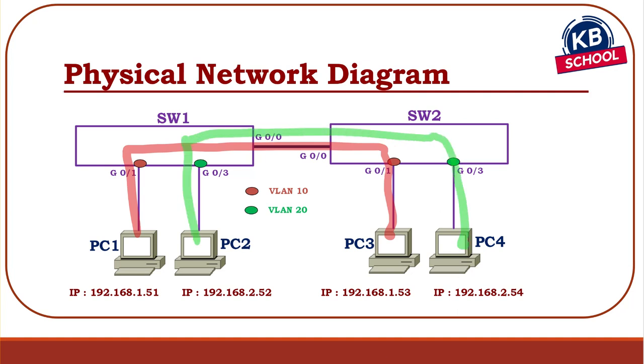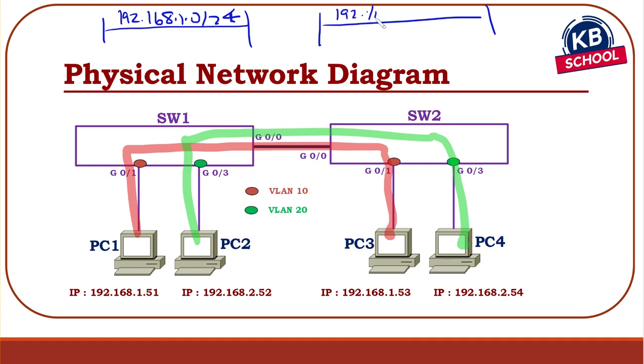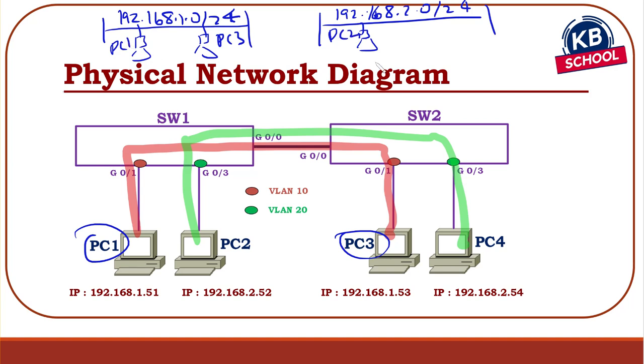As I said, logically speaking, the way the networks are right now, I have the 192.168.1.0 network, and I have a separate 192.168.2.0 network, with PC1 and PC3 on the first. And then I have PC2 and PC4 on this logical network, and they are able to ping each other. All right, now that's done.